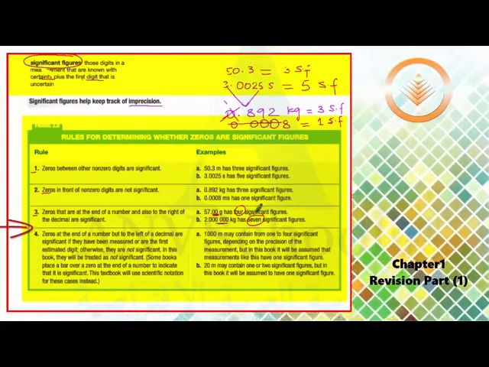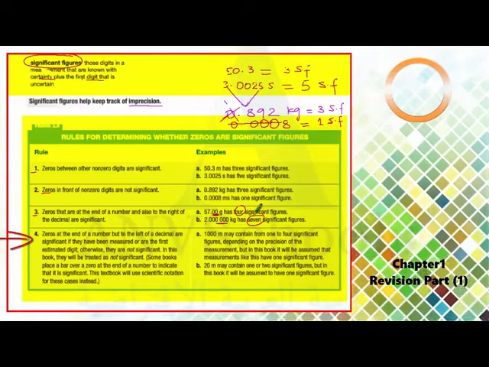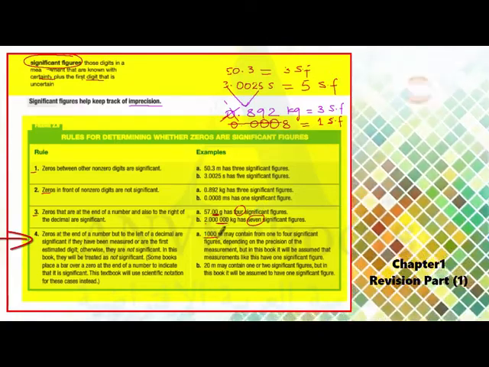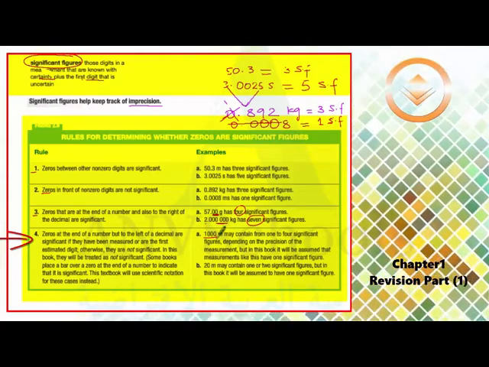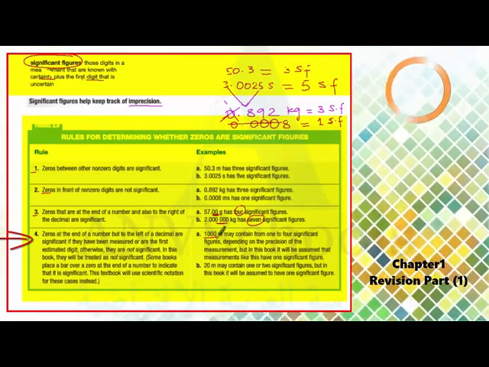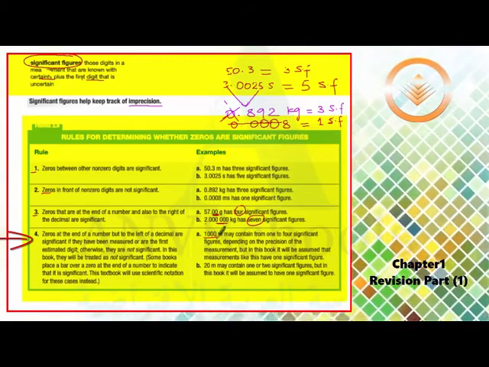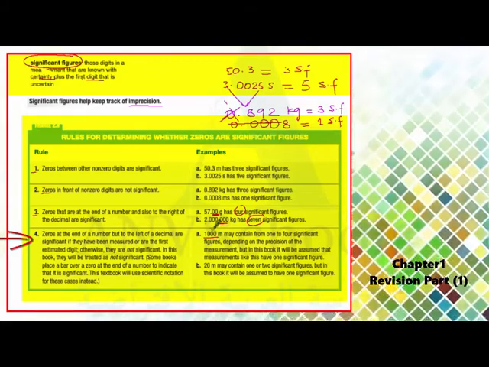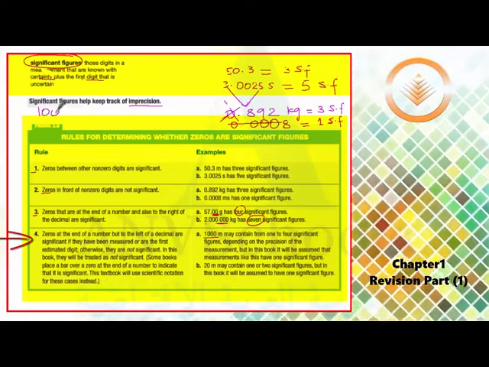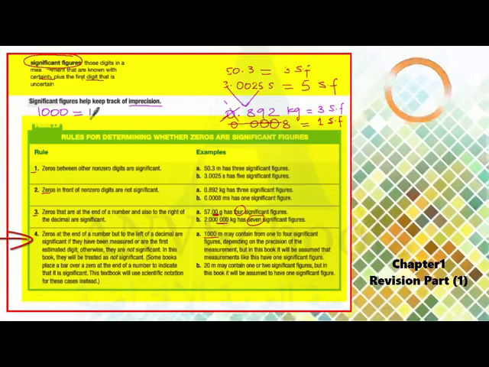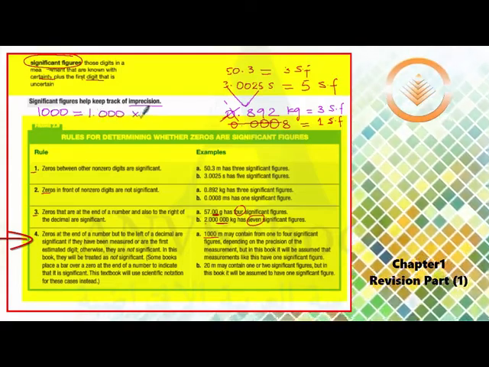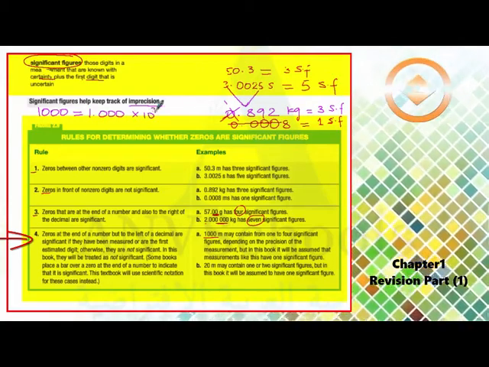The last rule is numbers which are written in this form. We cannot say that they have 1 or 2 or 3. We cannot exactly tell the number of significant figures they have, because let me show you. For example, 1000 can be written as 1.000 multiplied by 10 to the power of 3.